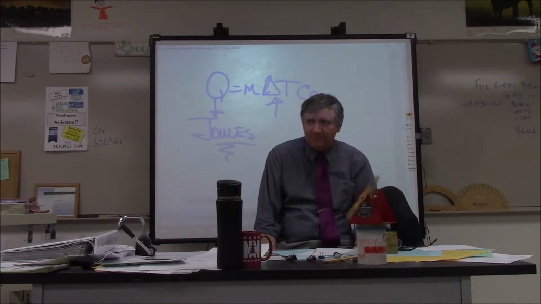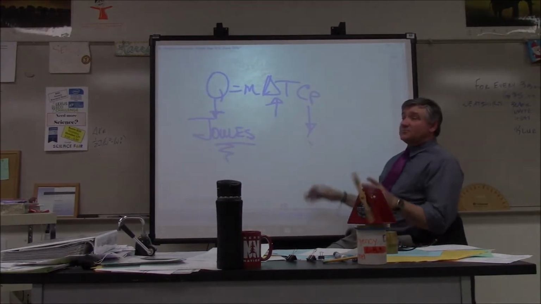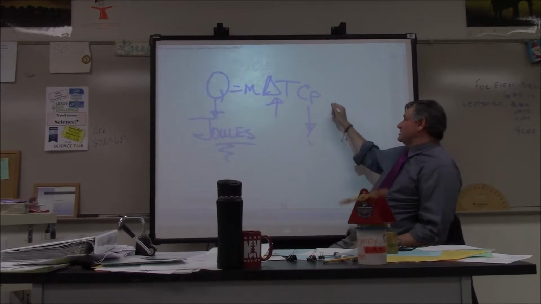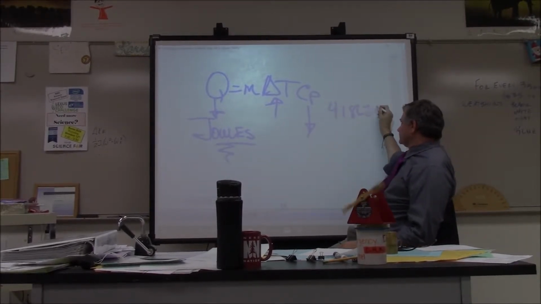Water. And this is important, that's liquid water. It isn't ice, it isn't steam, it's liquid water. So the specific heat of water is 4,186 joules per kilogram degrees Celsius.